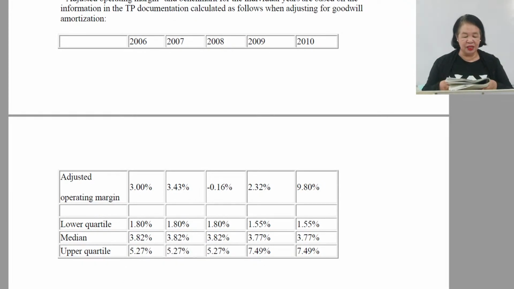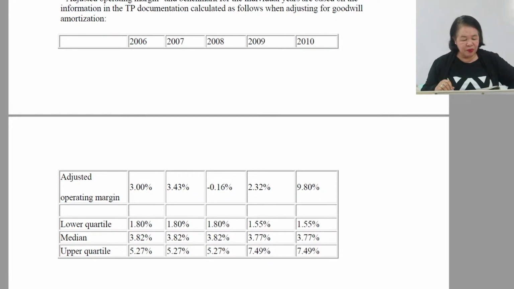So, 2006, 3%, 2007, 3.4 to 3%, no? 2008, negative na siya na 0.16%, 2009, 2.32%, and 2010, 9.8%, no? So, ito yung adjusted operating margin.